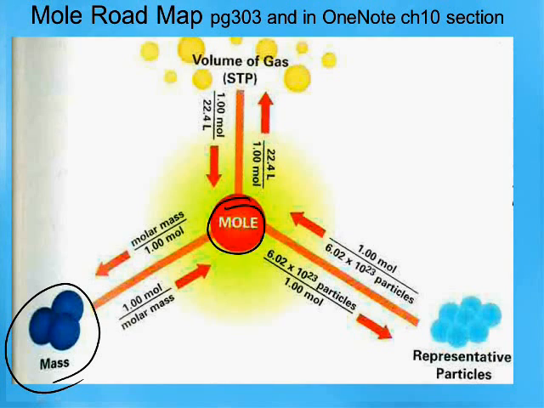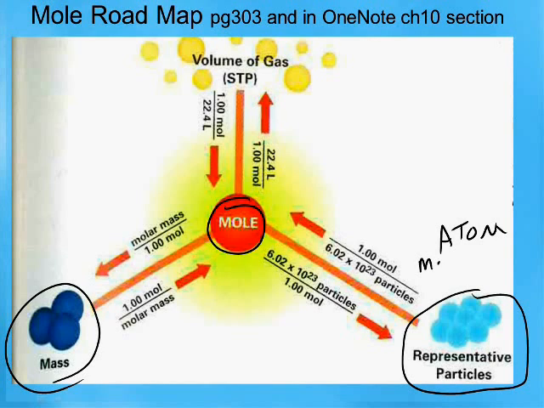It goes from representative particles. Now a representative particle can be anything. It can be an atom, such as helium atoms. It can be a molecule, such as a water molecule.